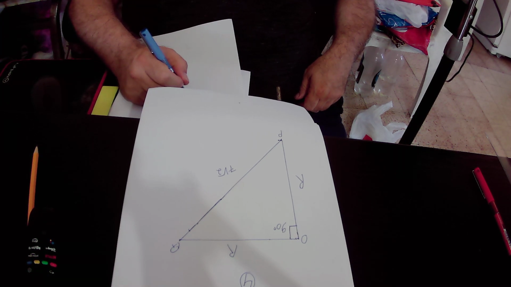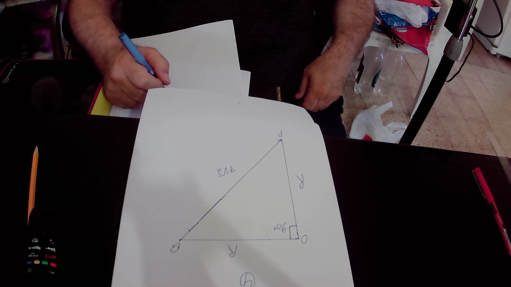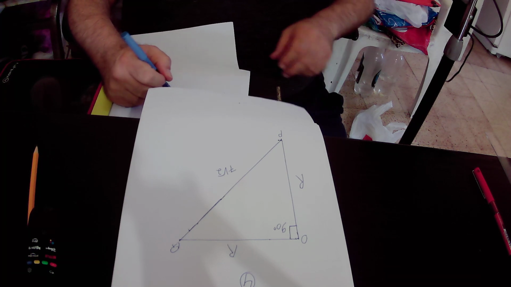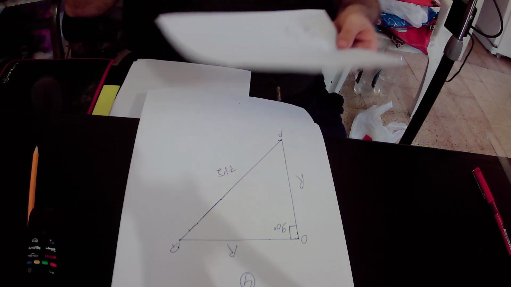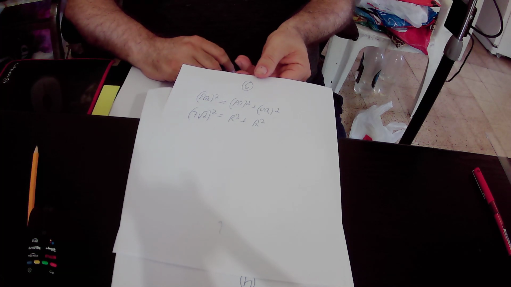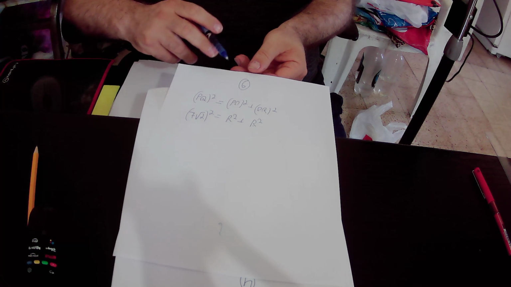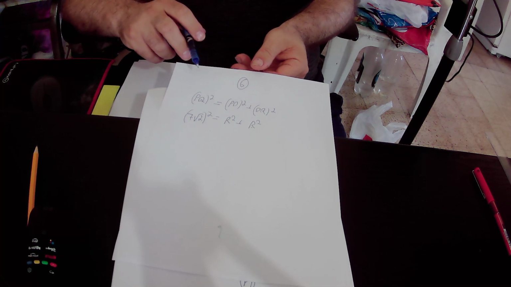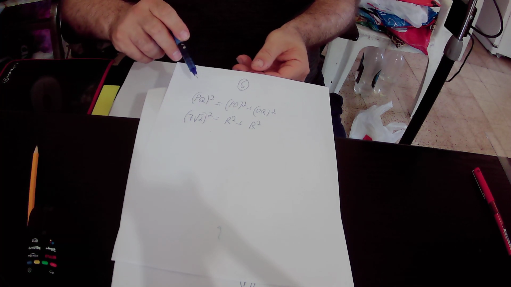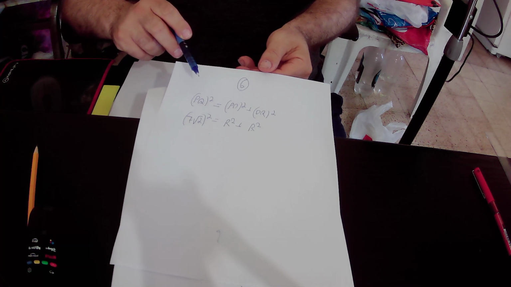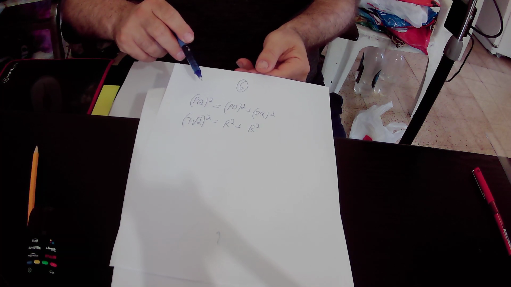We can substitute PO by R because PO equals to R. You can substitute OQ by capital R because OQ equals to capital R. So in total we got that 7 times root 2 square equals to R square plus R square. 7 times root 2 square equals to 7 squared, that is 49, times root 2 square is 2.